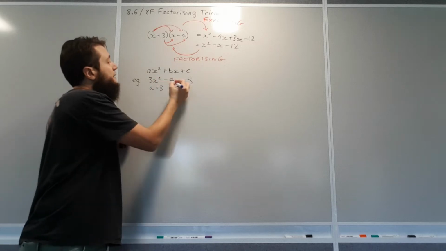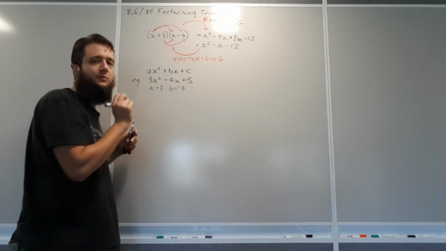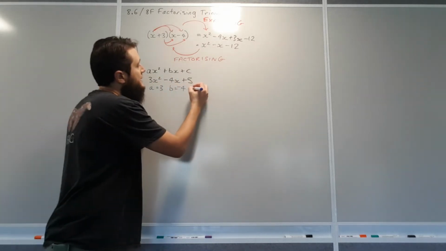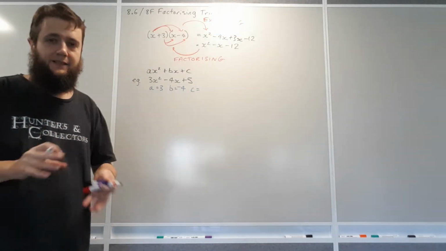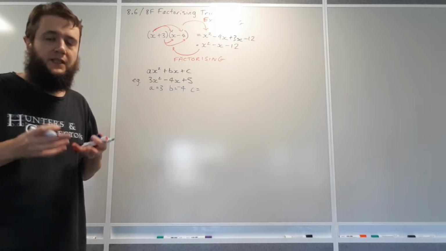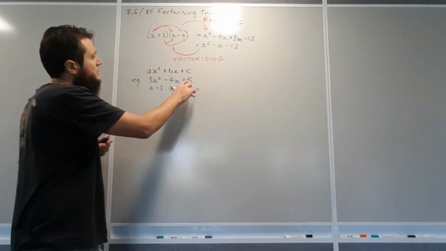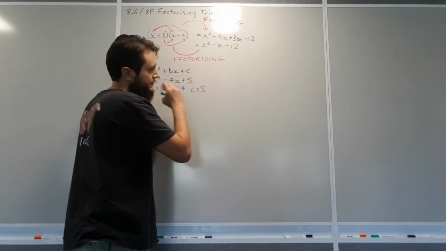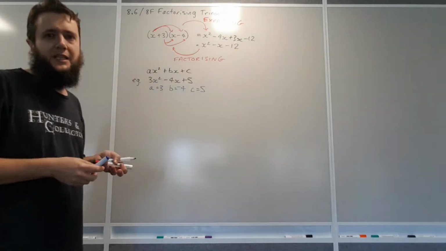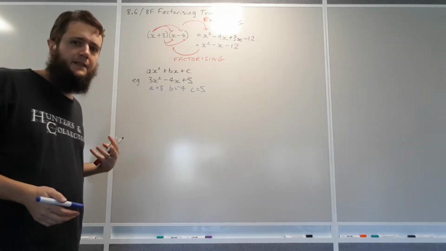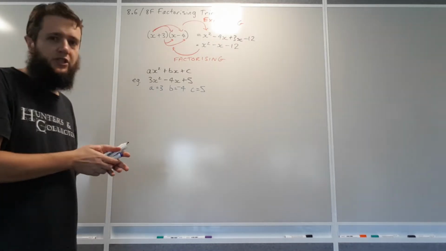So b is negative 4, remembering negative belongs to what's after it. And c is what we know as the constant. It doesn't have any variables attached to it, it's just a number by itself. C, the constant, is 5. So whenever you see one of these things, you should be able to tell the values of a, b and c. You may need to rearrange them first.